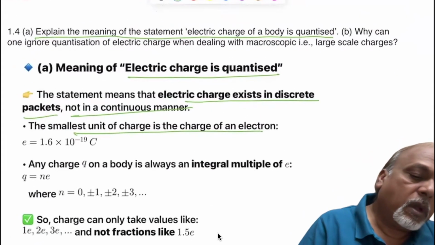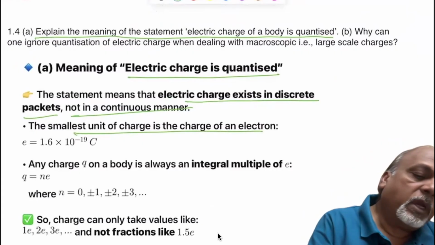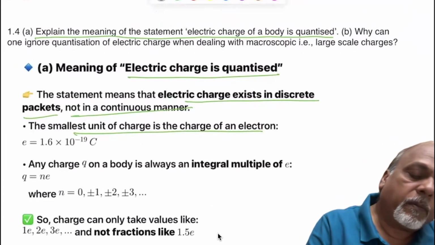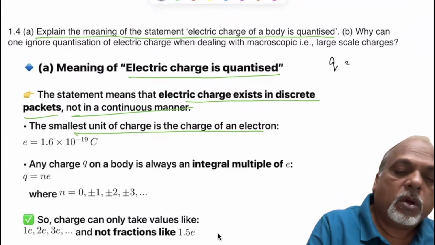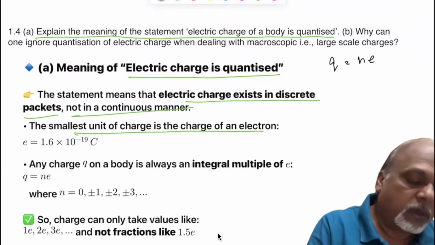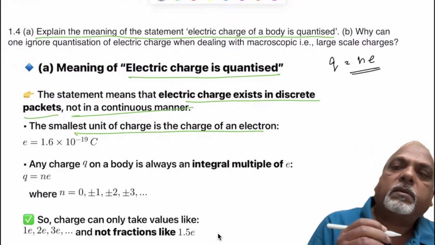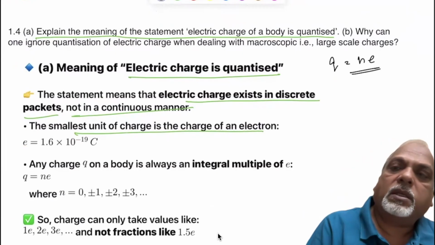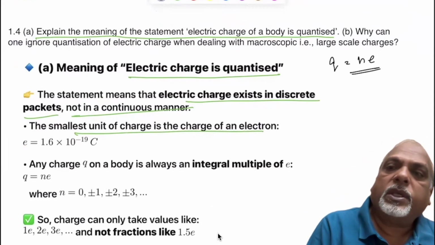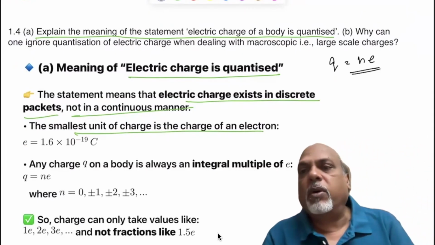Basically, electric charge of a body is quantized means Q must be a multiple of the fundamental charge, that is, the charge of an electron. That is the smallest charge that exists, and whatever charge we see is a multiple of this smallest charge only.